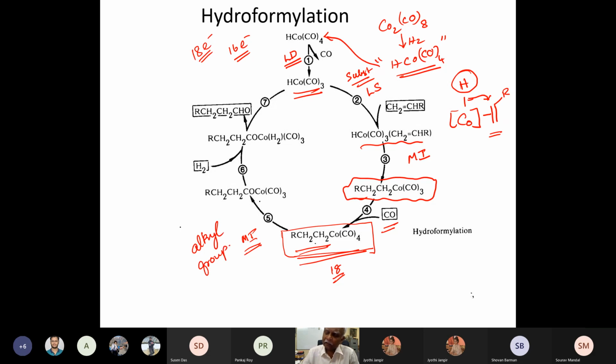First it was the hydrogen which migrated, now you have an alkyl group which is migrating. So you have a migration of this species onto one of the carbon monoxides. So we could write it like this, which will lead to a third intermediate here, which is again set up for a reaction.